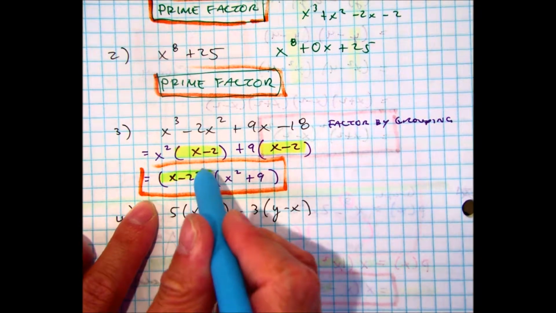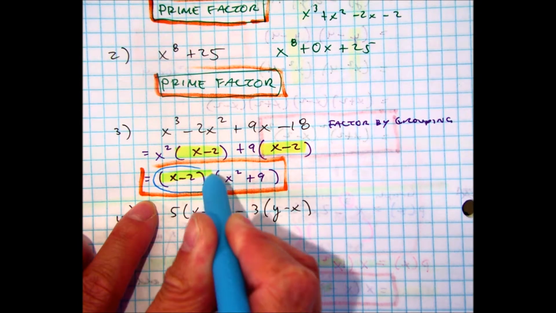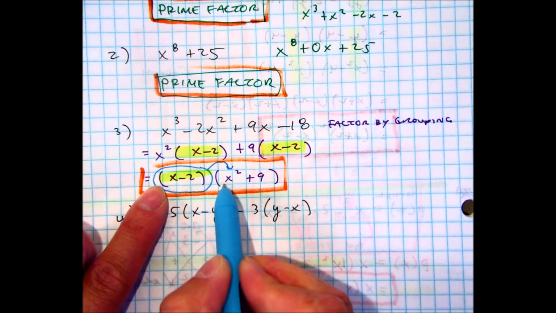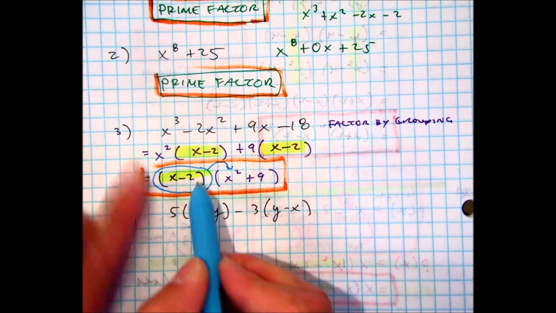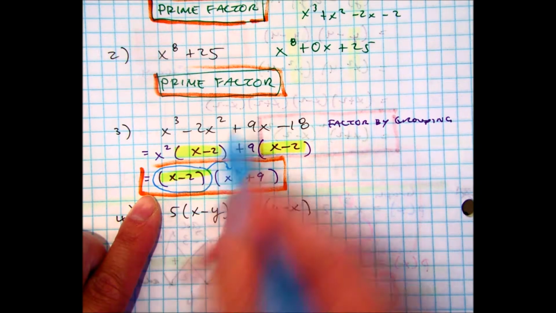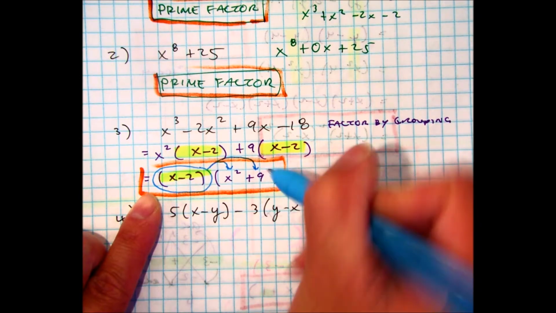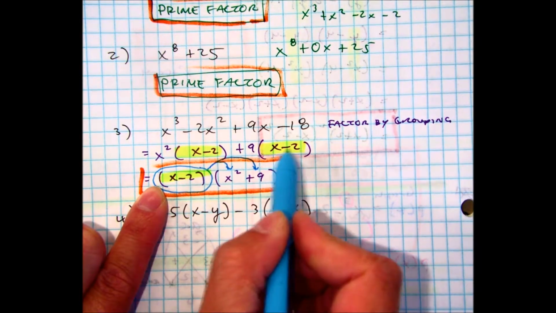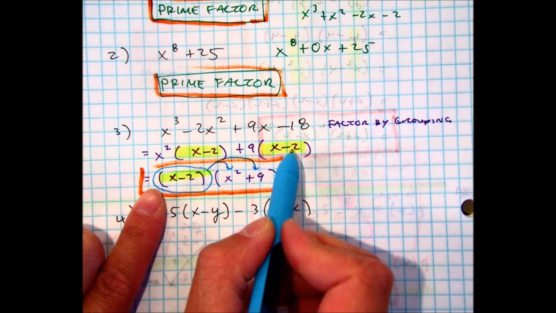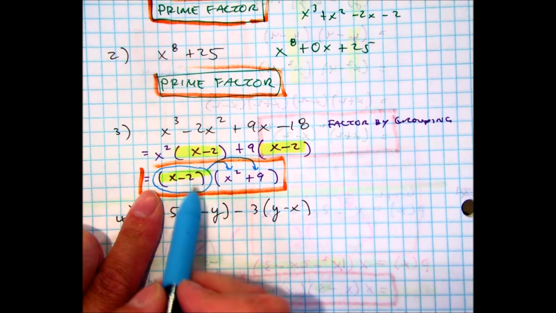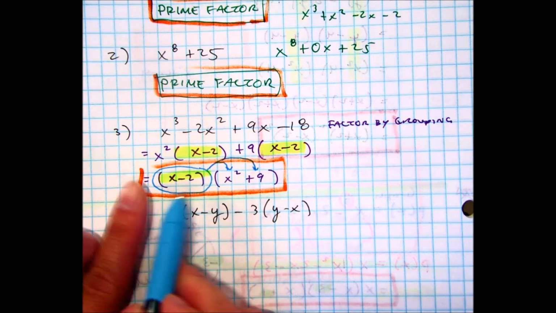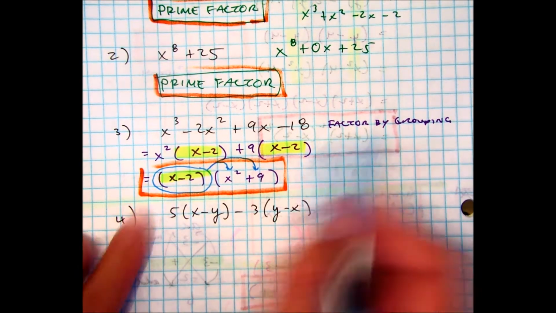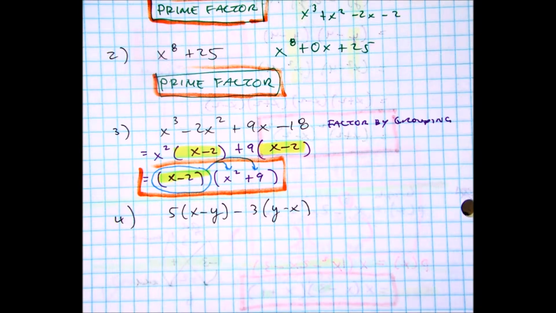This whole quantity times x squared is the quantity times x squared. This quantity, the whole thing, times x plus 9 is this term up here. So you're kind of recognizing, and if you did FOIL, you would actually get this above. But this is a method called factoring by grouping.